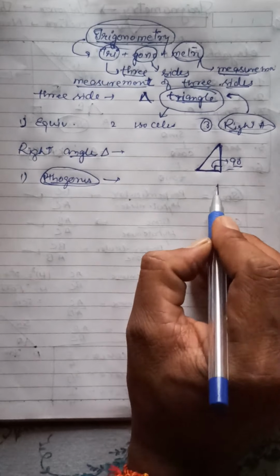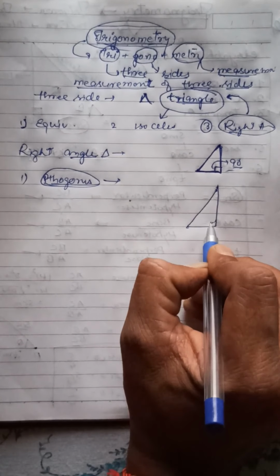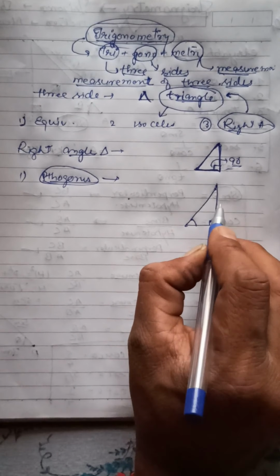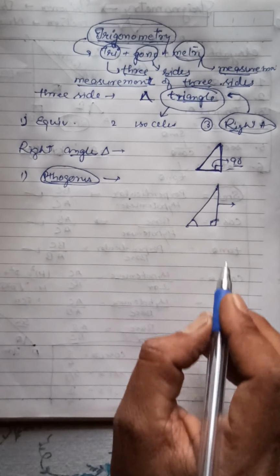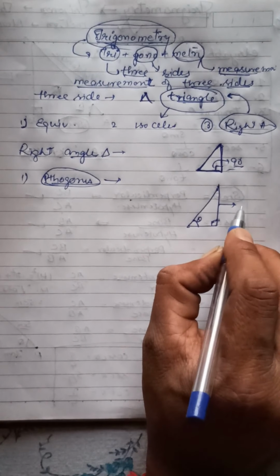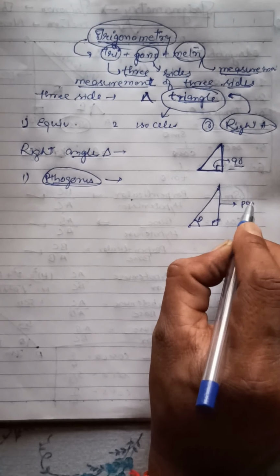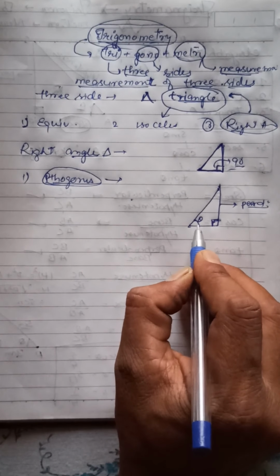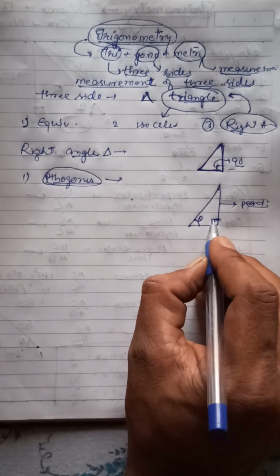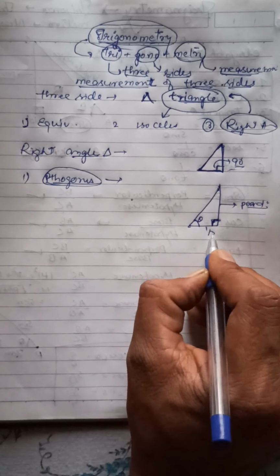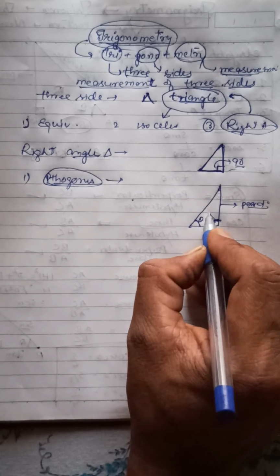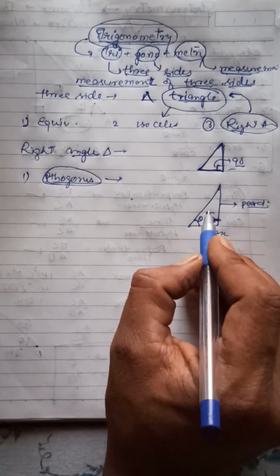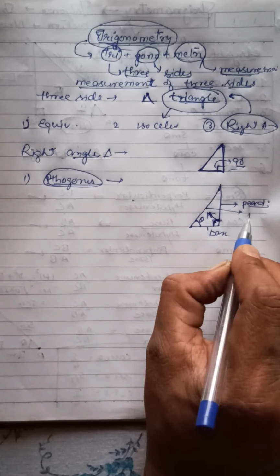If a triangle has a right angle in it, then the side that is perpendicular is called the perpendicular side. The side that has both the base angle and the 90 degree angle is called the base. And the side opposite to the 90 degree angle, the right angle, is called the hypotenuse.